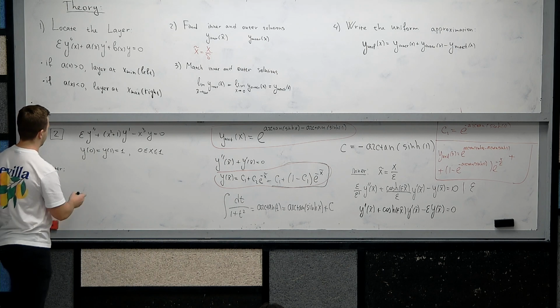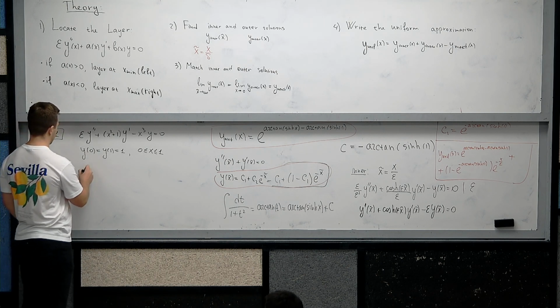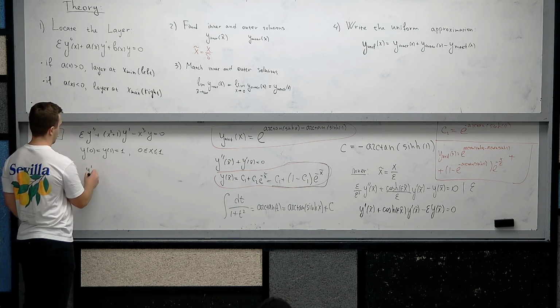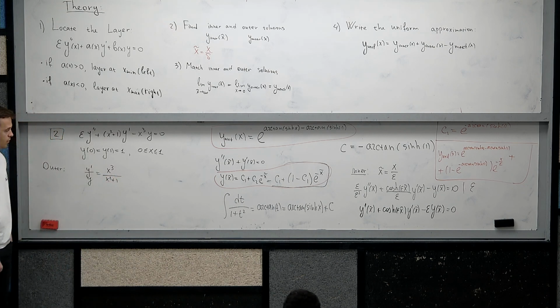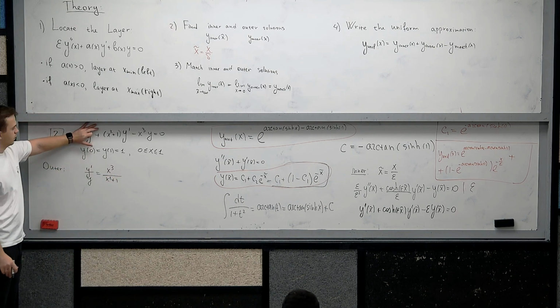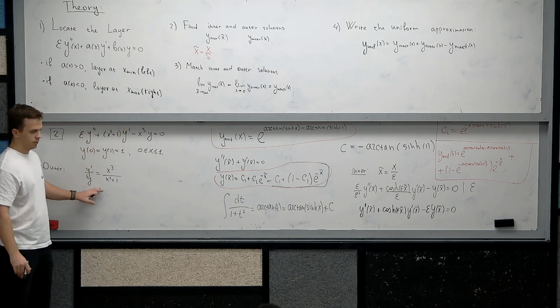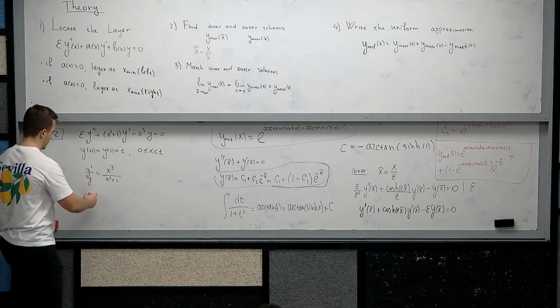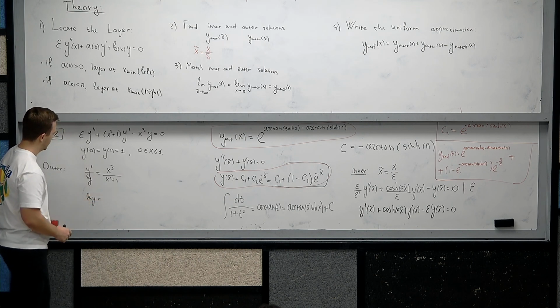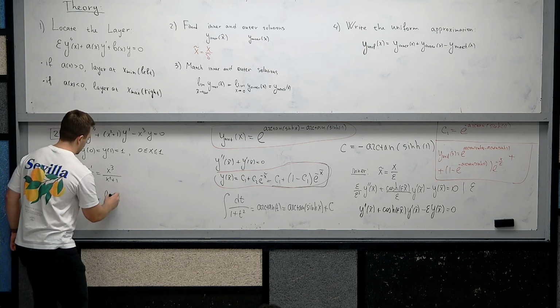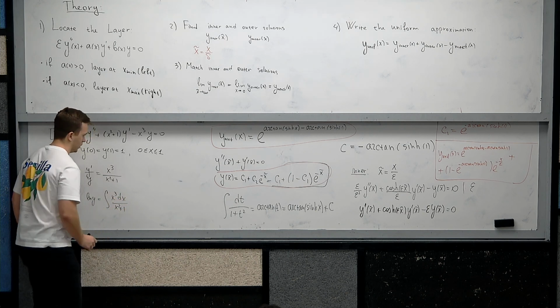For the outer region, the equation that I have is y prime divided by y equals x cubed divided by x squared plus 1. This is just a 0, and the rest is here. So again, I integrate: the left hand side is ln y, the right hand side is the integral of x cubed dx divided by x squared plus 1.